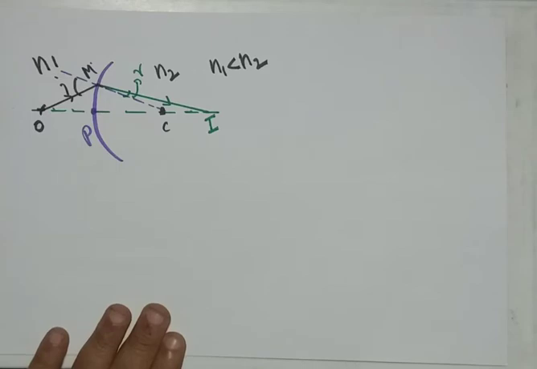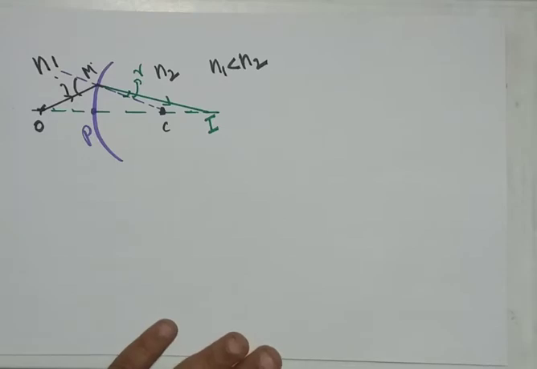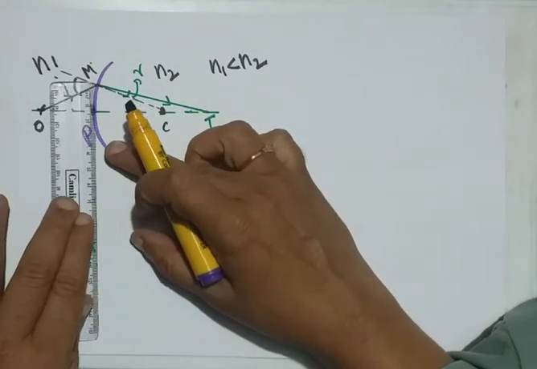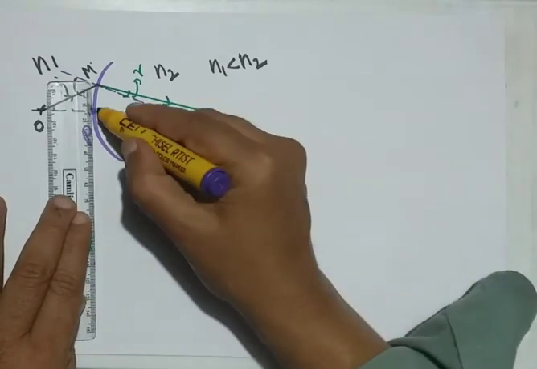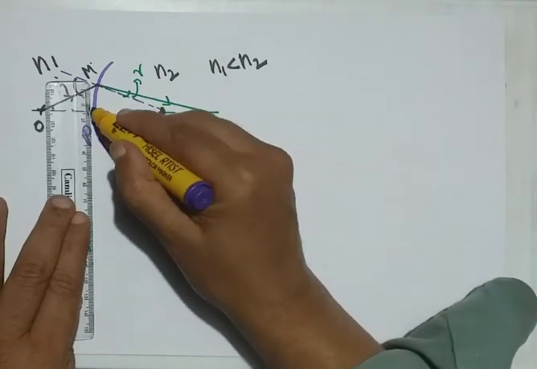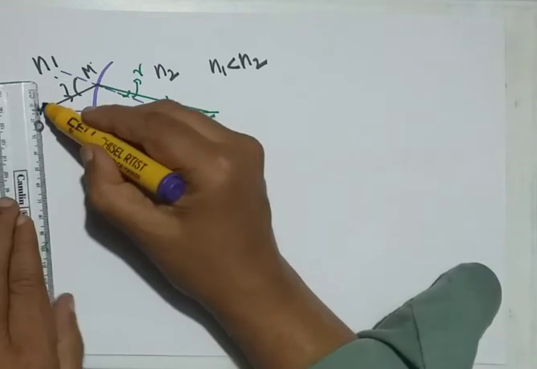Also we name some angles and we list the distances there. We take this distance from the pole to the object, like this.